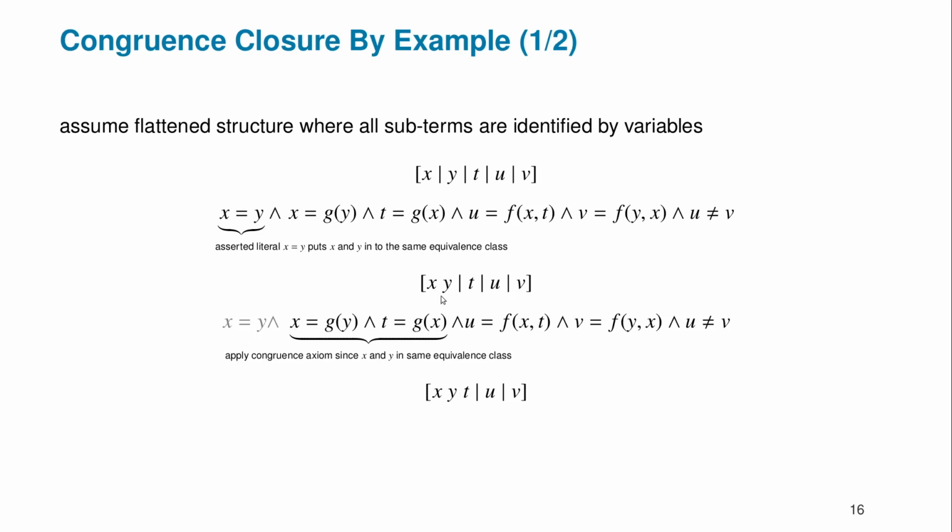We already said that x equals y, therefore we can replace the x or the y by the other one, and we can conclude that x is equal to t, and therefore we merge the two classes and get a class containing x, y, t.